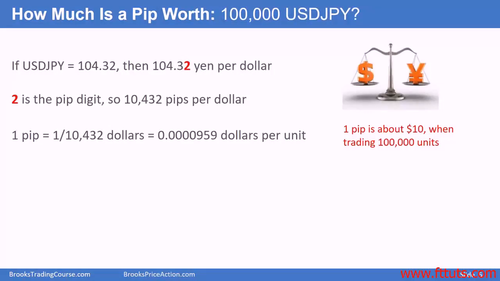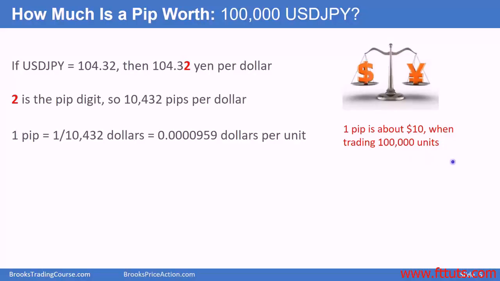Let's say we have 100,000 units of the dollar yen, and the dollar yen is trading at 104.32. Then there are 104.32 yen per dollar. 2 is the pip digit, the second digit. So there are 10,432 pips per dollar, and therefore one pip is 1 divided by 10,000, and it comes out to this many dollars per unit.